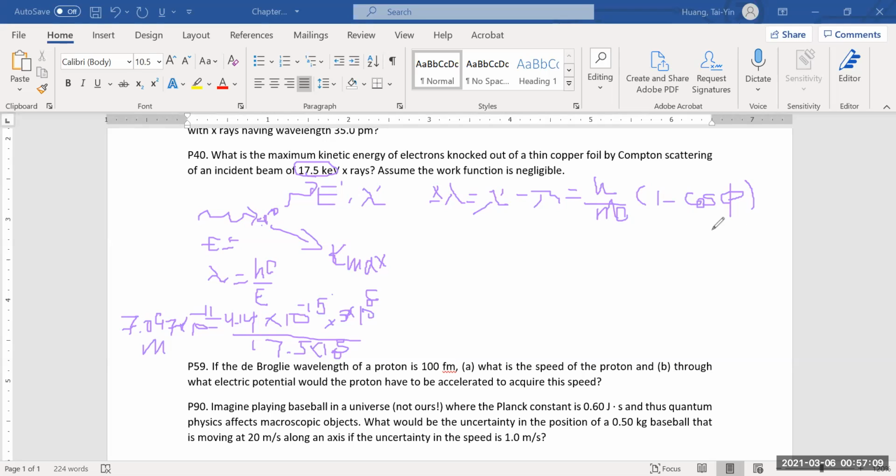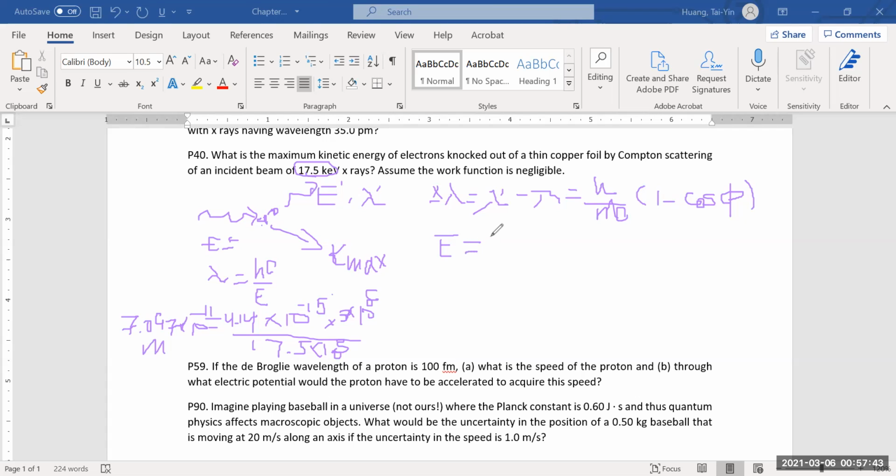So you can see that we only calculate lambda, we don't have lambda prime. But we can use this equation to infer lambda prime, because h is a constant, m is the mass of the electron, c is the speed of light, and this angle determines whether the electron has the maximum kinetic energy. Let me backtrack. Let me write down another equation from conservation of energy.